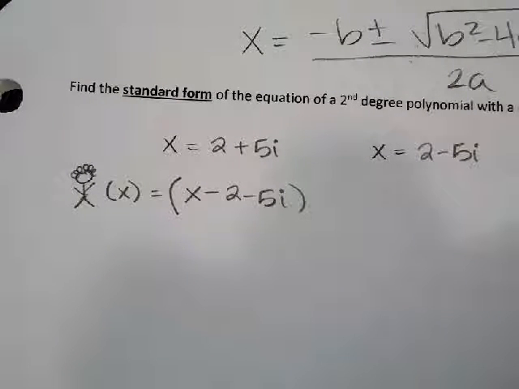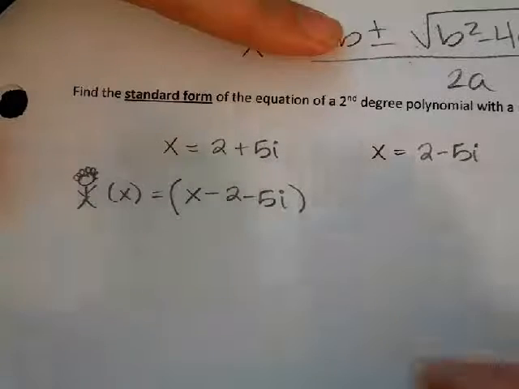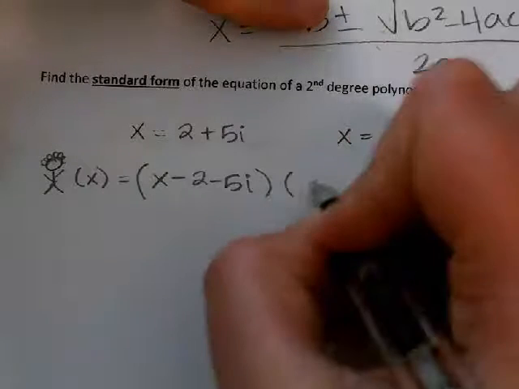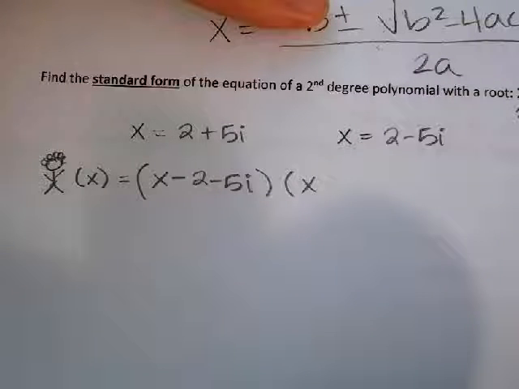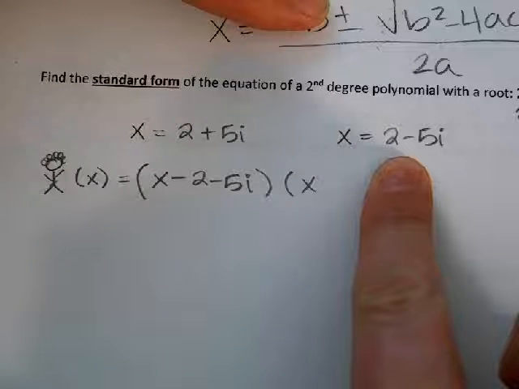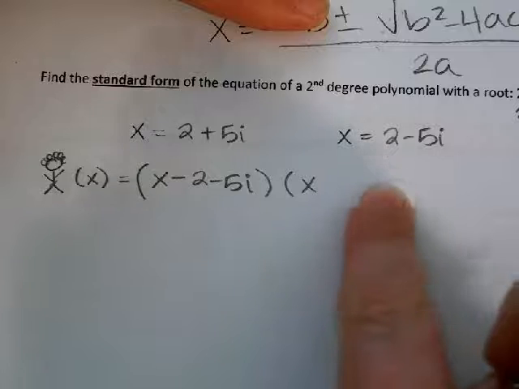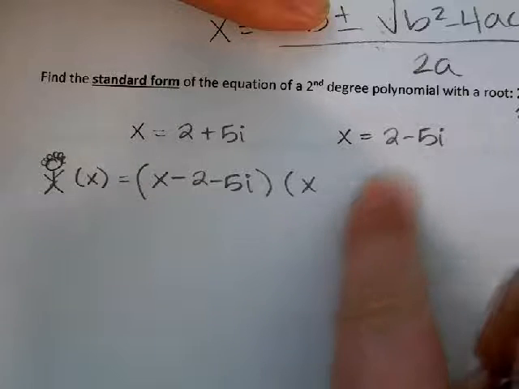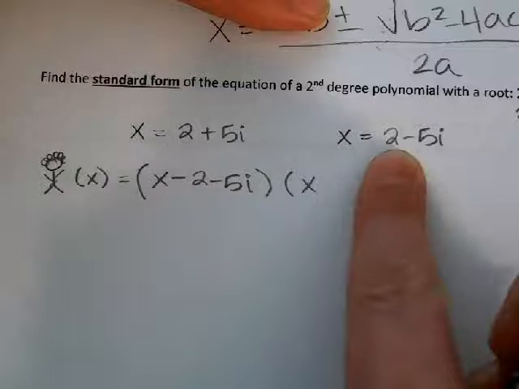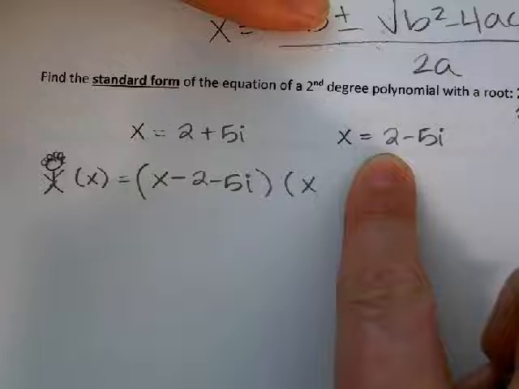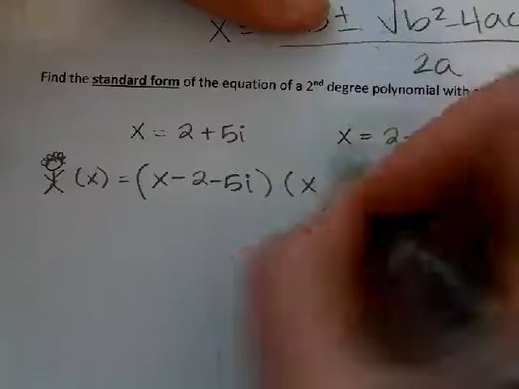And then the other parentheses would be what? Change the sign when you put it in the parentheses. Look at the sign of the 2. There you go. Plus 5i. Perfect. Just make sure you change the sign when you put it in the parentheses.